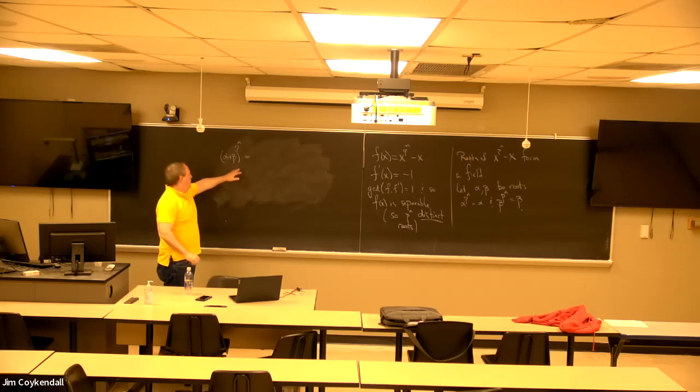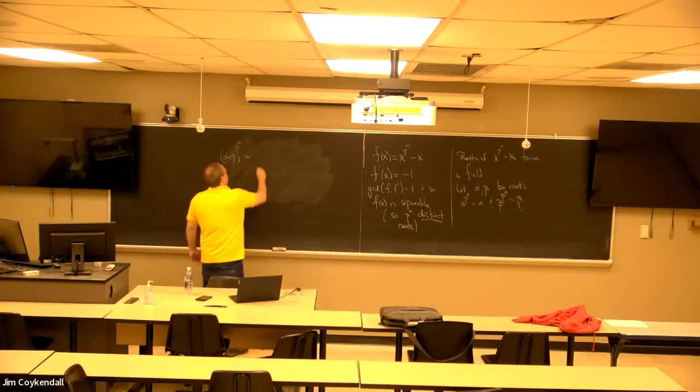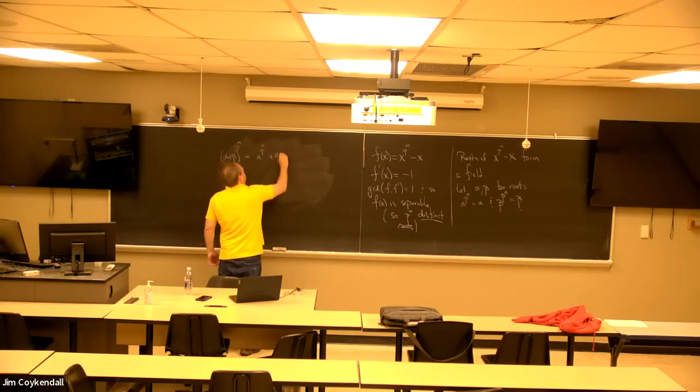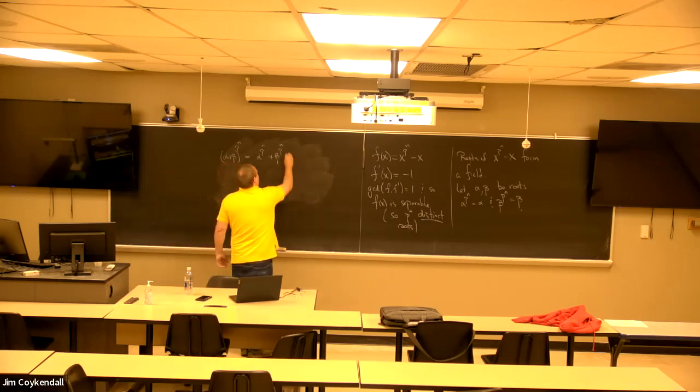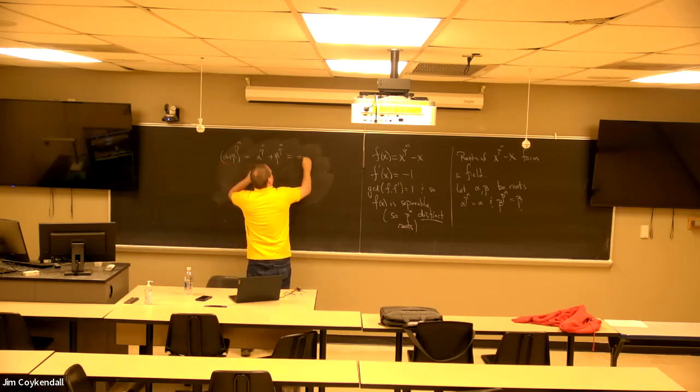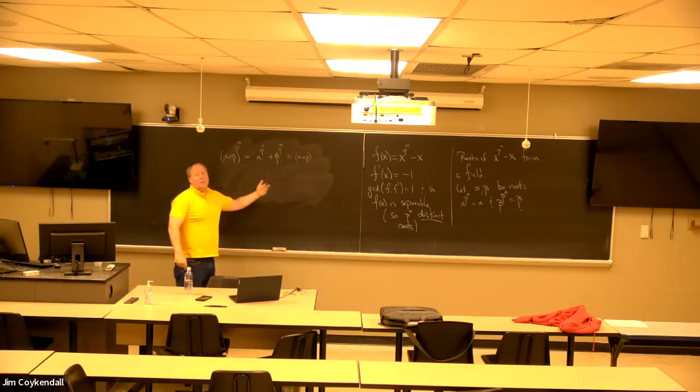We've actually proved before that alpha plus beta to the p to the n is alpha to the p to the n plus beta to the p to the n, because we're in characteristic p, and this is alpha plus beta. So if alpha and beta are roots, so is alpha plus beta. So is minus alpha, clearly.